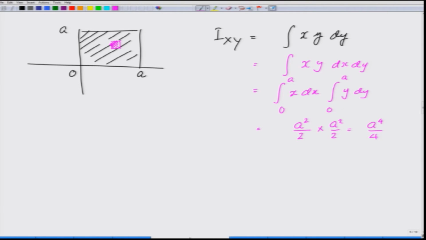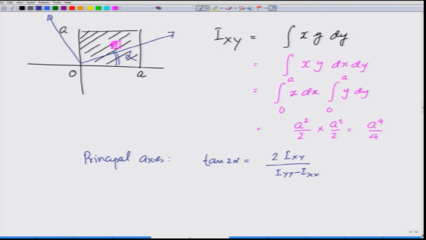Now, if I were to find the principal axis, remember we had the formula tangent of 2 alpha equals 2 Ixy over Iyy minus Ixx, where alpha is the angle through which I have to rotate the axis to find the principal axis.